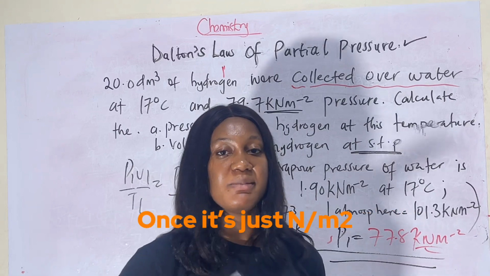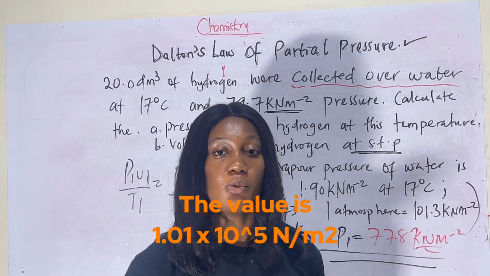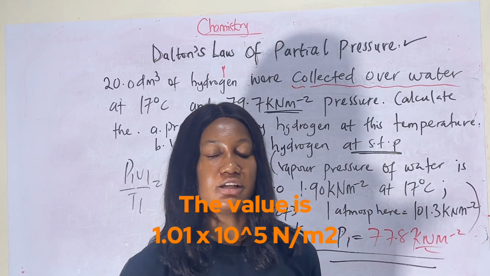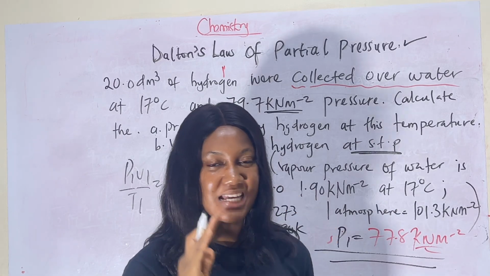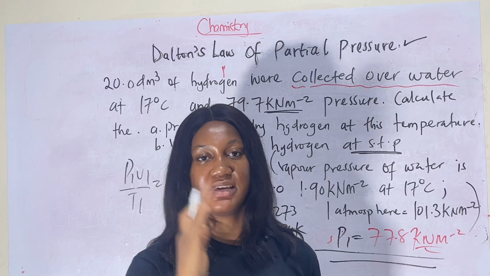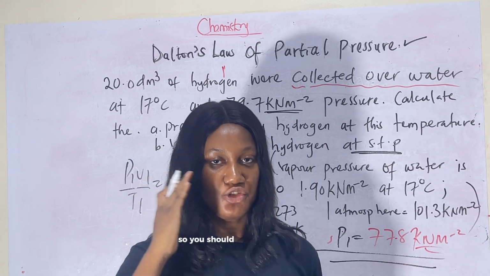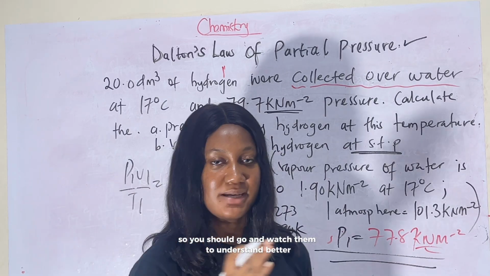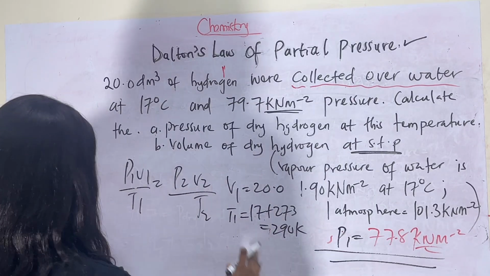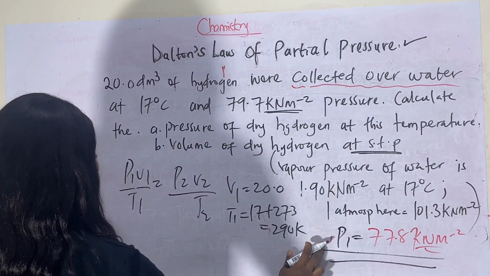Once it's just Newton per meter square, the value is 1.01 times 10 raised to the power of 5. I explained this in the former videos I've made about gas laws, so you should go and watch them to understand better.